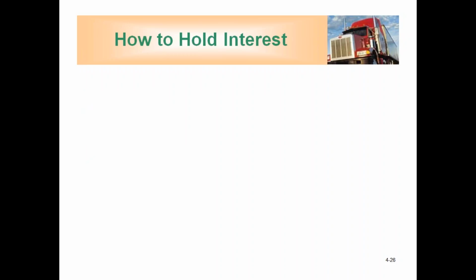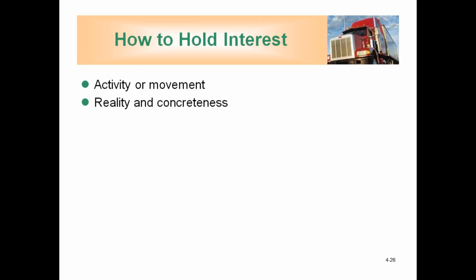How to hold the interest means how to generate the interest, hold the interest by using the activity. There are multiple activities that are used in the primary. You can hold the interest by using the activity or the movements. Then reality and the concreteness. Concreteness in the sense you have to focus on this one.